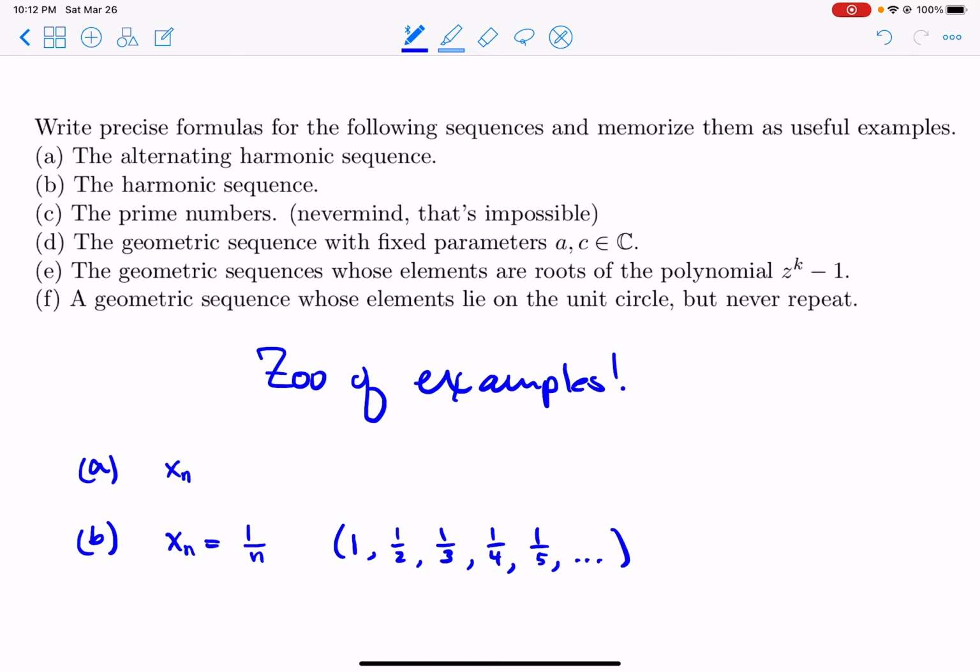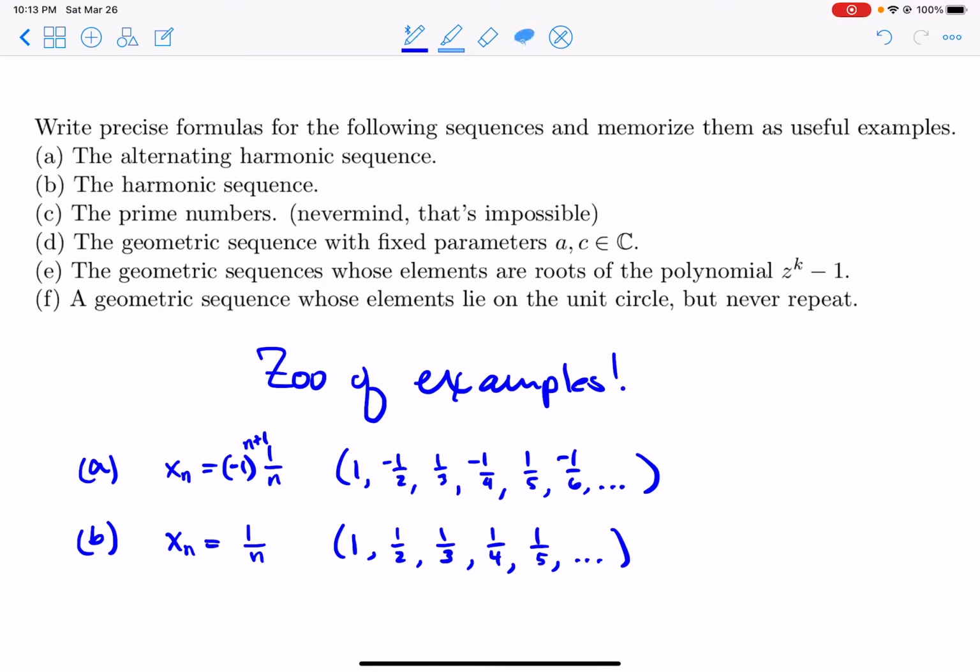The alternating harmonic sequence will have the same formula, except we want it to start at 1 and then go minus a half, then 1/3, and then minus a fourth, and then 1/5, and then minus a sixth. And so to do that, we're going to put some factor of -1 that alternates: -1 to the something, plus 1, -1, plus 1. And at n equals 1, we want it to be positive, so let's do n plus 1.